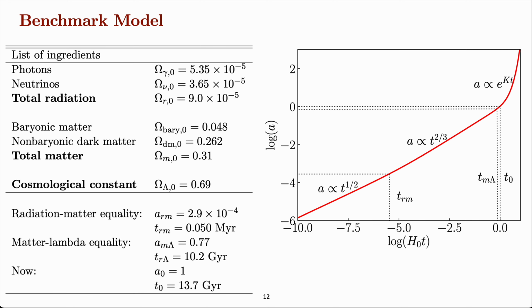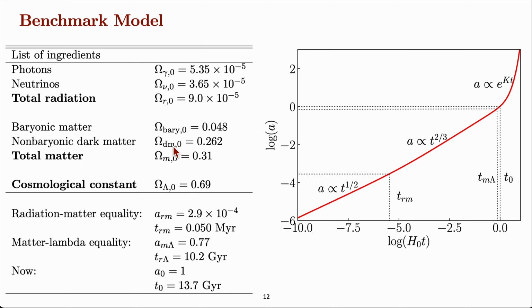And finally, I'd like to mention what we call the benchmark model. So this is the closest universe that we have with us. Total radiation is 9 times 10 to the minus 5. Total matter is 31%.